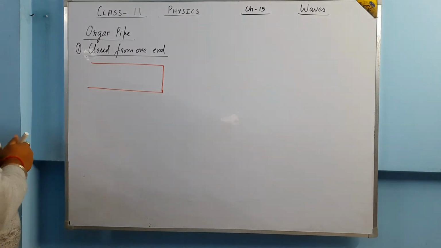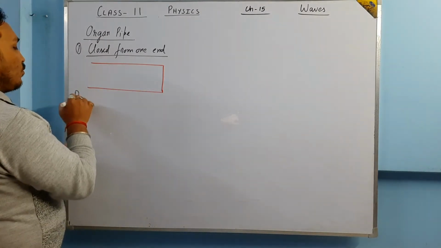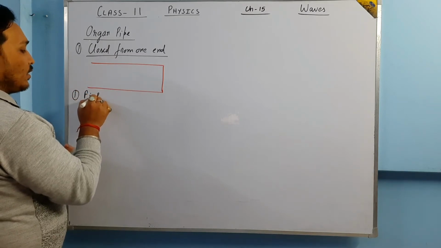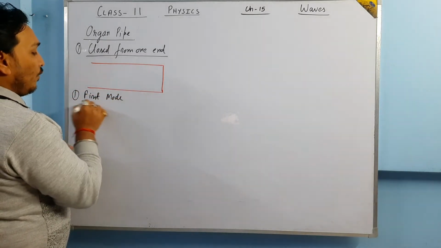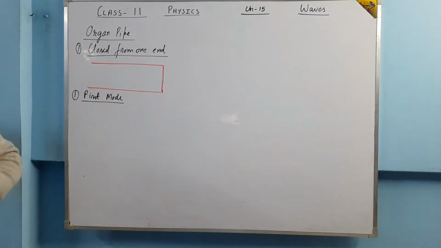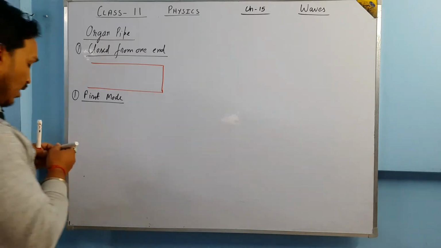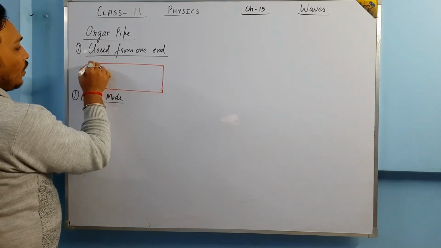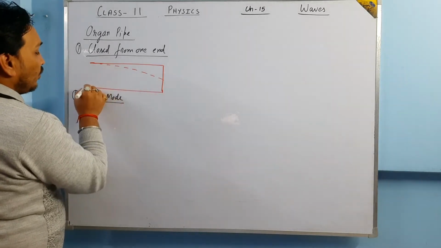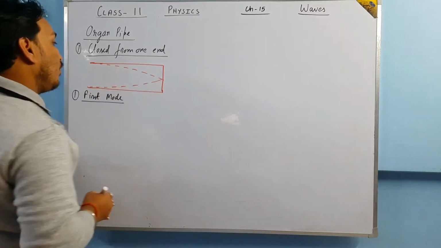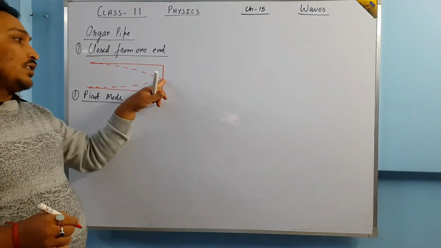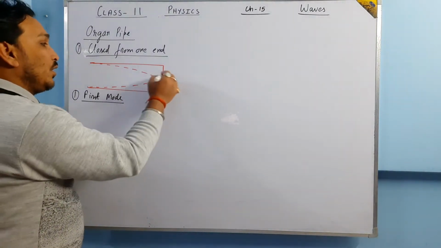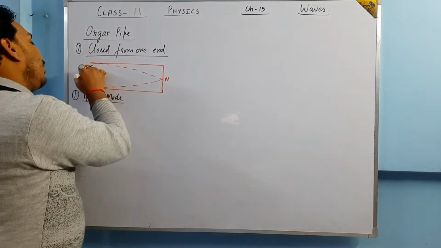So if we talk about the first mode of vibration, you see how the diagram is going to be. This is the minimum frequency which can be formed, following the condition that at this point a node should be there and at this point an antinode should be there.